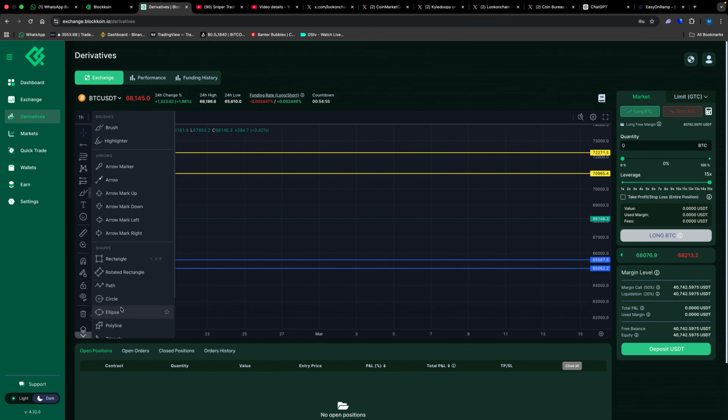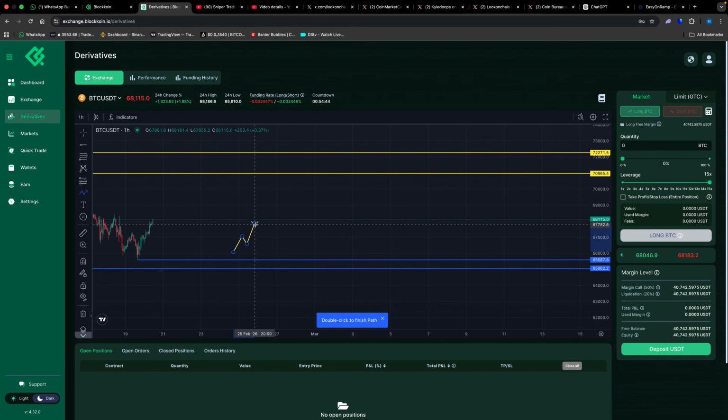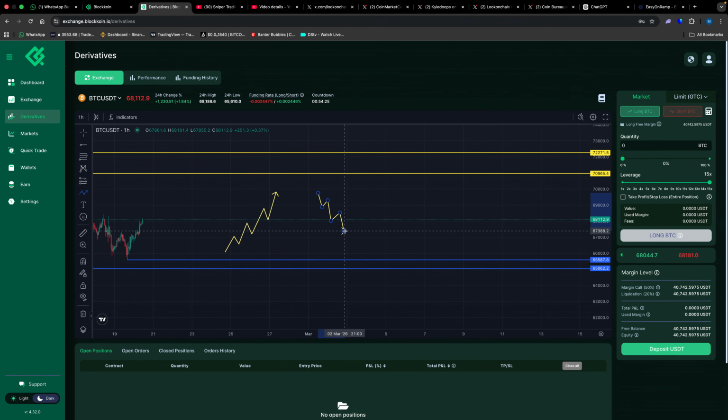So firstly, we have a bullish pattern, which is a high, a higher high, a higher low, a higher high, higher low, higher high, higher low, and so on and so forth. Then we have bearish market structure, which is a high, lower low, lower high, lower low, lower high, and so on and so forth.